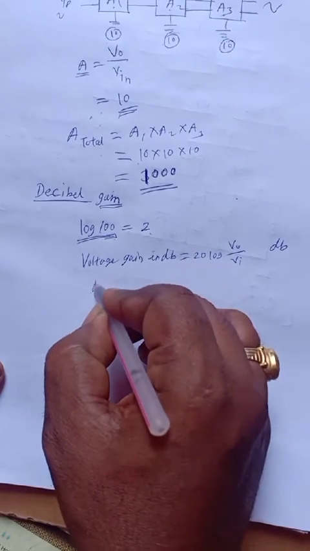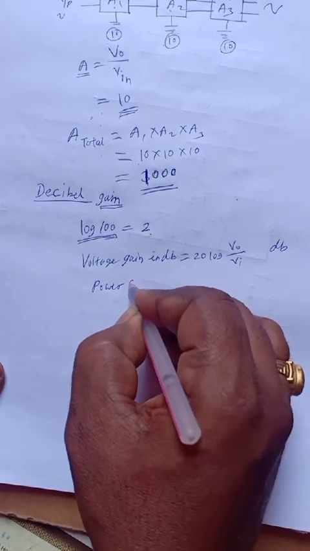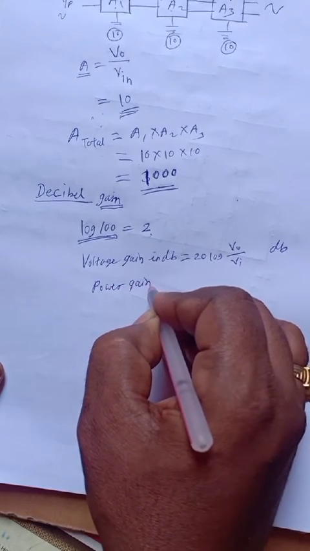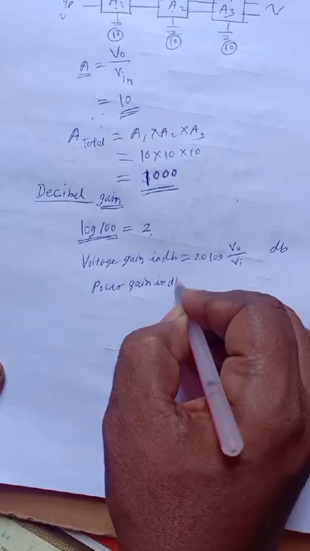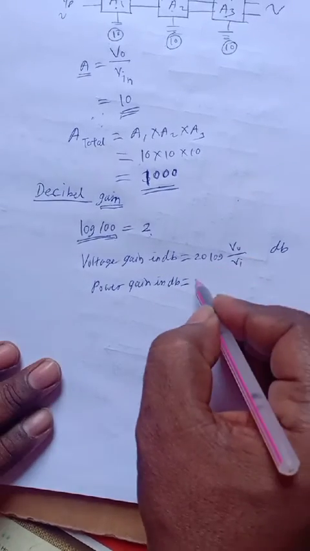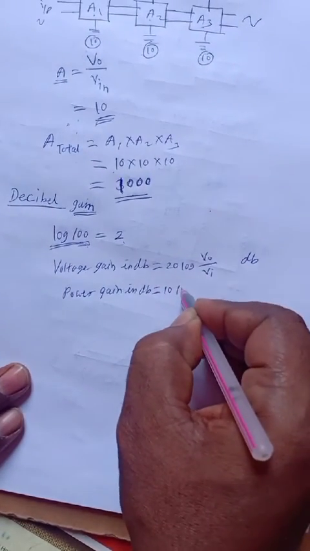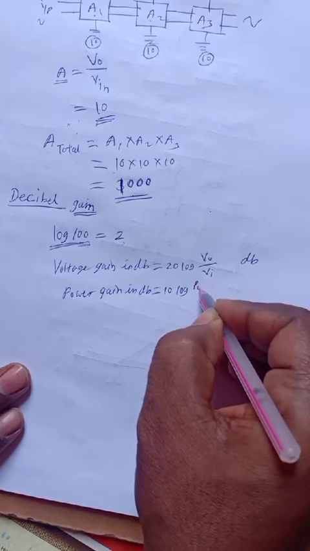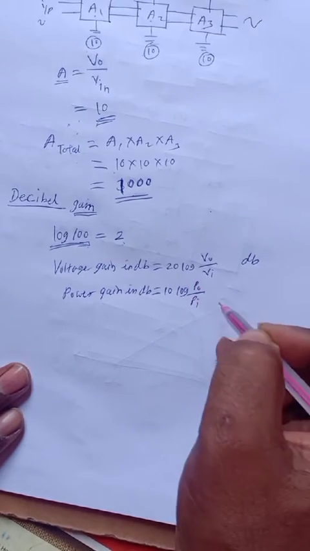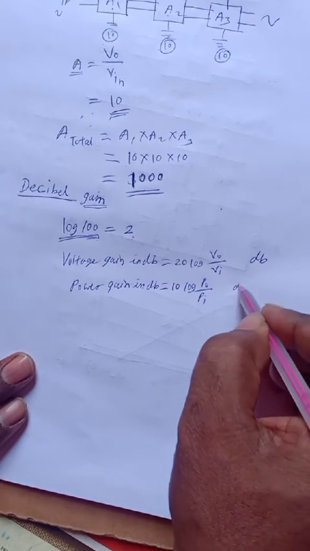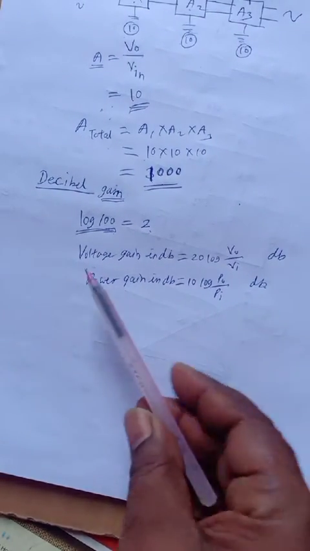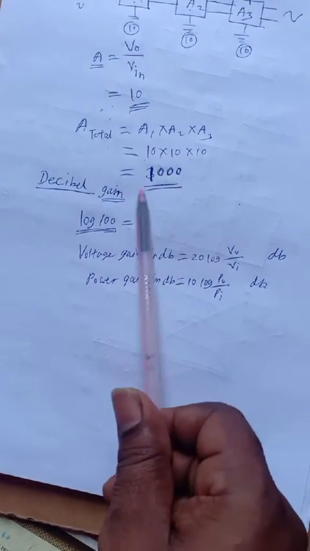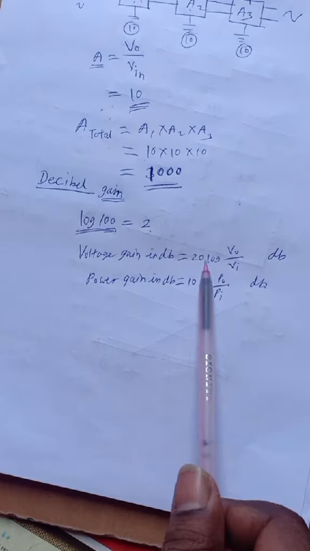Like that, the power gain in decibel equals 10 into log of output power divided by input power. So this is also decibel. So gains are described in decibel.